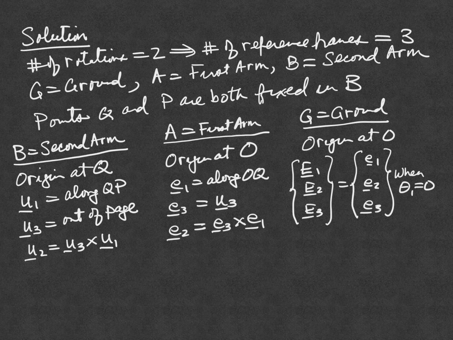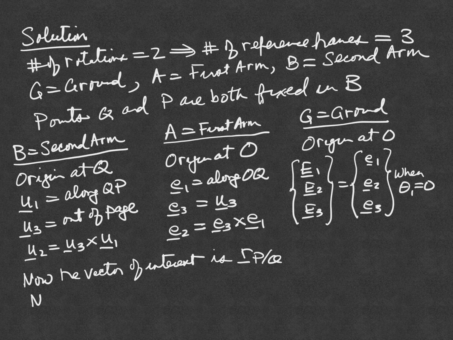Now the vector of interest in this problem is the position of P relative to Q, because the objective is to determine the velocity of P relative to Q in G and the acceleration of P relative to Q in G. But note that the position of P relative to Q is equal to L2 times U1.